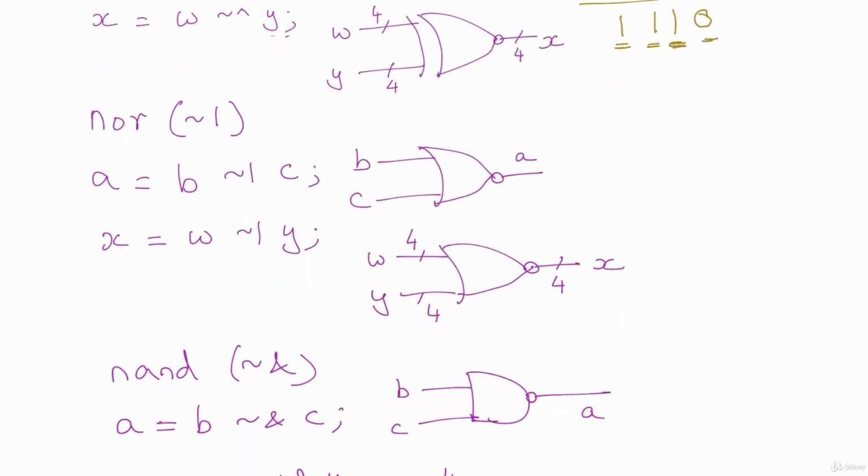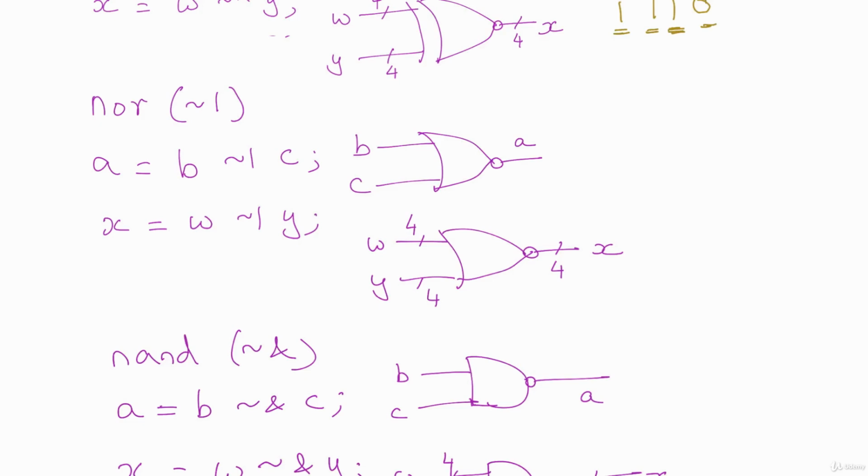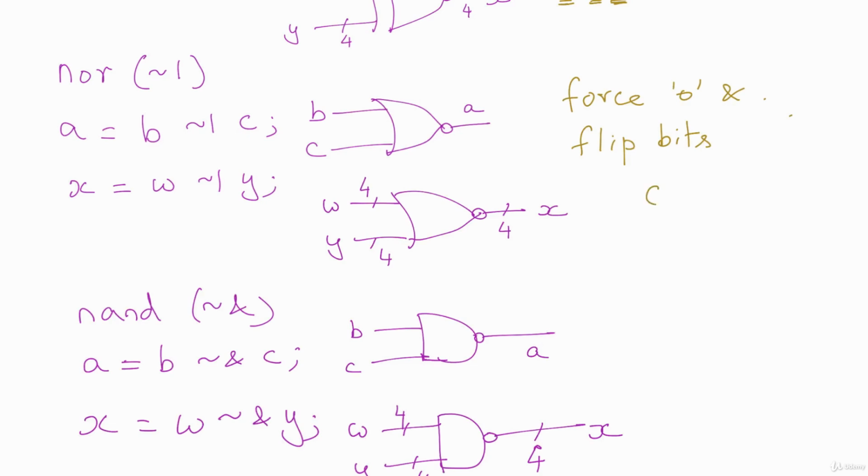The NOR gate is going to do two things. It is going to force 0 as well as flip bits. So let's take an example, say 10101, and say we want to force 0 in these two positions and flip these two positions. So if you want to flip, you put them as 0.